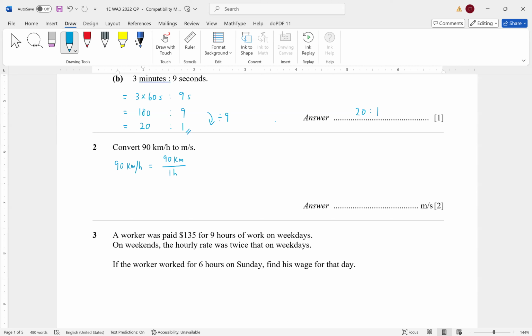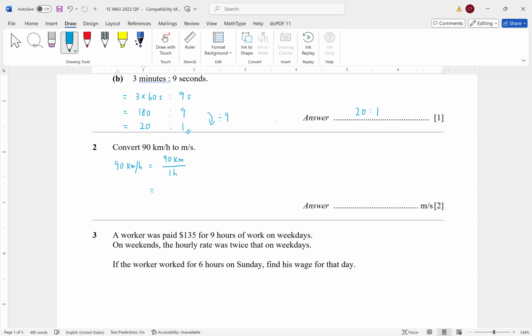Now they want us to convert it to meters per second. All we need to do is convert the distance in kilometers to meters and the time in hours to seconds, and then redo the division.